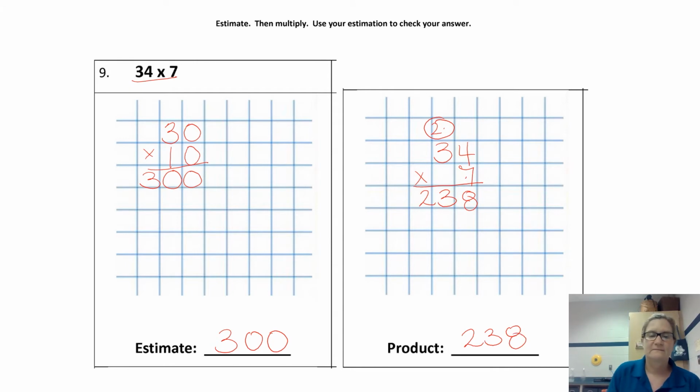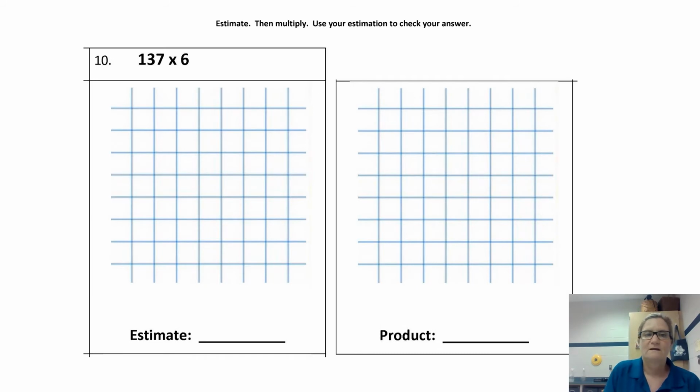Now, next problem. Estimate 137 times 6. I am going to estimate to 140 times 6. 6 times 0 is 0. 6 times 4 is 24. 6, 7, 8, 840.